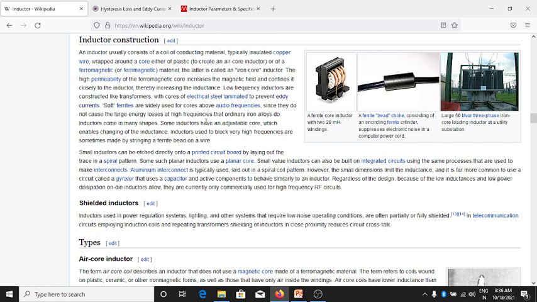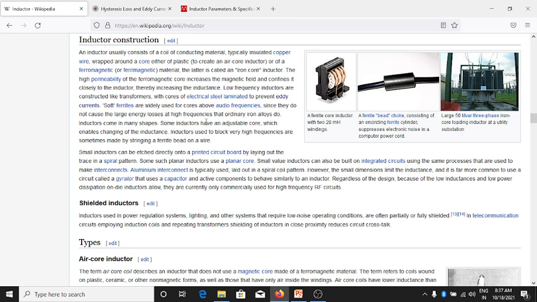The high permeability of the ferromagnetic core increases the magnetic field and confines it closely to the inductor, thereby increasing the inductance. Low frequency inductors are constructed like transformers, with cores of electrical steel laminated to prevent eddy currents. Soft ferrites are widely used for cores above audio frequencies, since they do not cause the large energy losses at high frequency that ordinary iron alloys do.